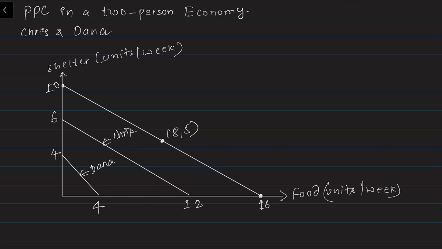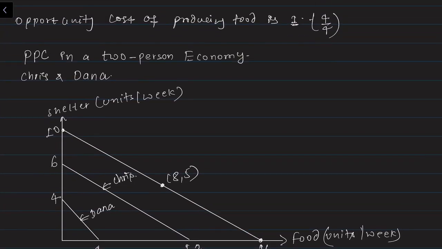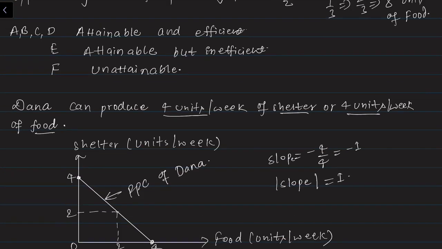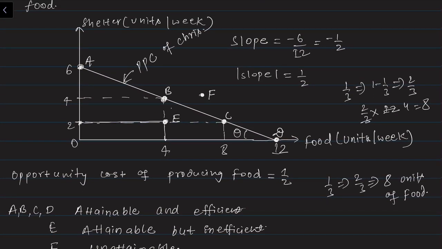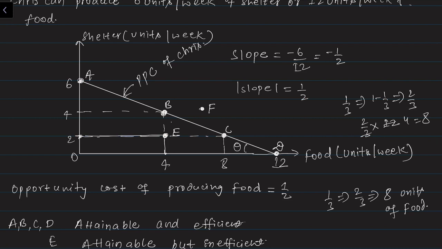So now we'll draw the PPC of a 2-person economy. From the previous examples, we get the idea that in order to draw the PPC, we simply need to know the intercepts on both axes, and we connect those intercepts, we'll get the straight line, right? But is this also true for the 2-person economy?